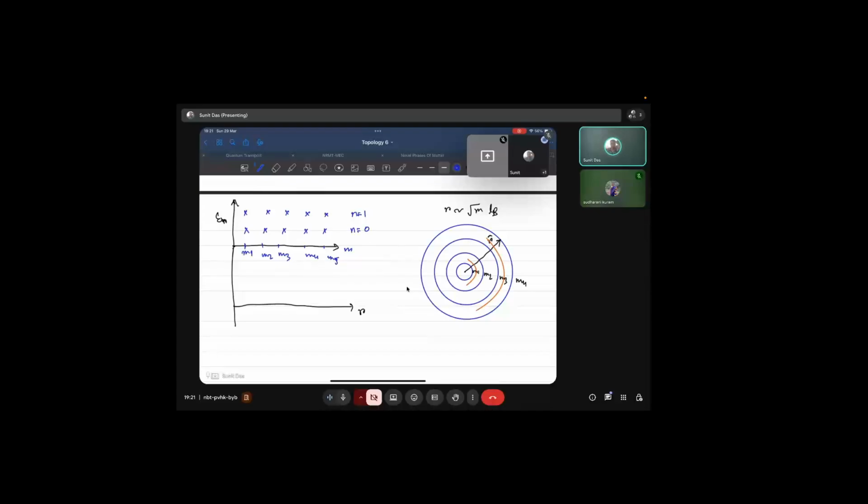Let me increase it a bit so that it looks clearer. I want to confine here, let's say.